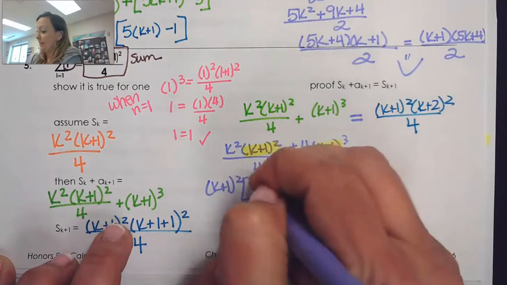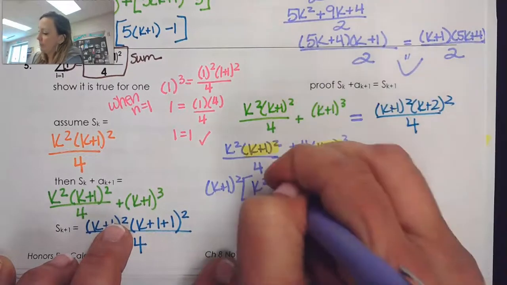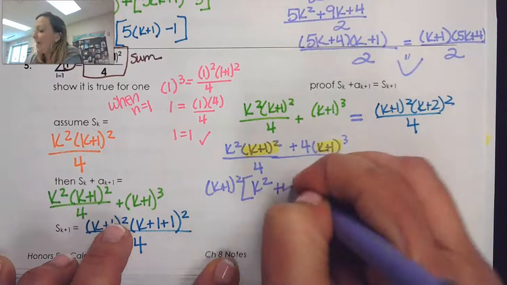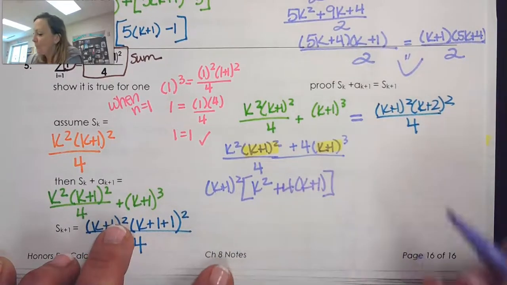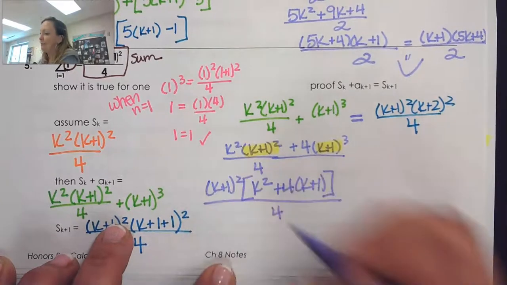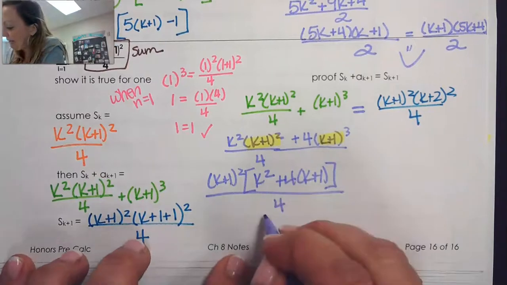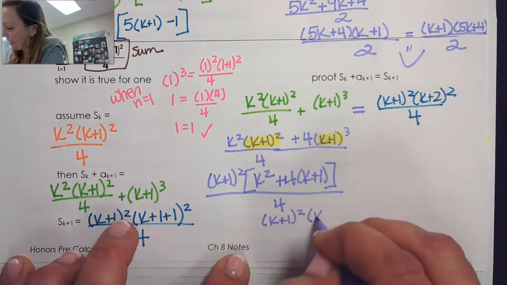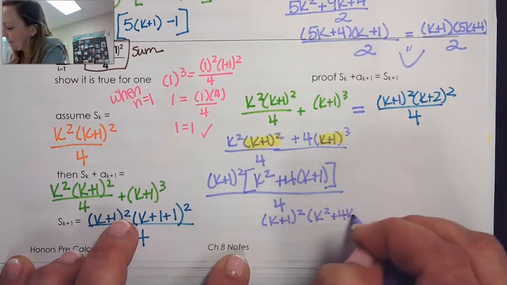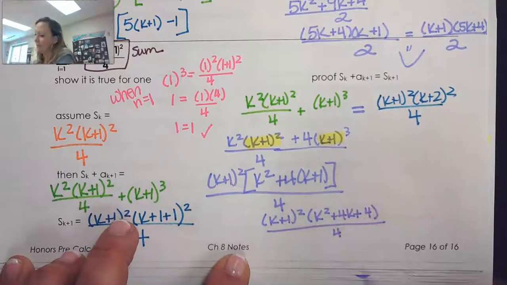Notice I cannot just take out a k plus 1, but I can take out a k plus 1 squared from each term. What's left if I factor k plus 1 squared out of the first term? Just k squared, excellent. And what about the second term? 4 and then the k plus 1. If you wrote 4k plus 4, I'm fine with that right away, okay? And then all over 4. So then we can flesh this out here. I have k plus 1 squared, and then this turns into k squared plus 4k plus 4 all over 4.